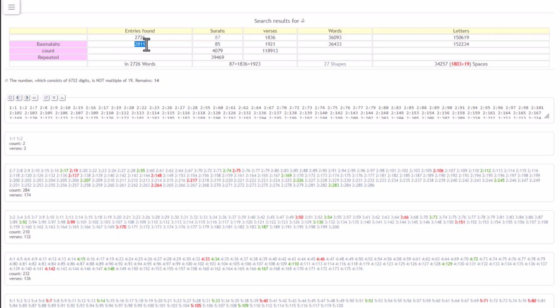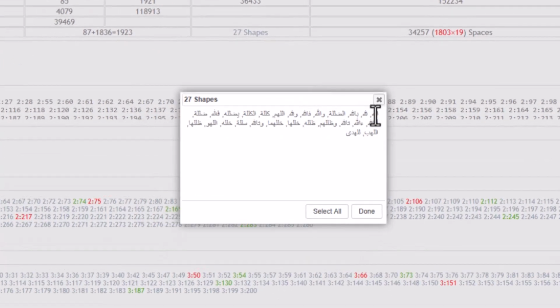If we count the surah number with the basmalas over there, because two surahs don't have a basmala, surah number 1 and surah number 2, surah number 9, sorry, it's minus 2, and with the verses without basmala and verses with basmala, and so on. For this word we have 27 shapes. You can check them and see how the shapes look like.